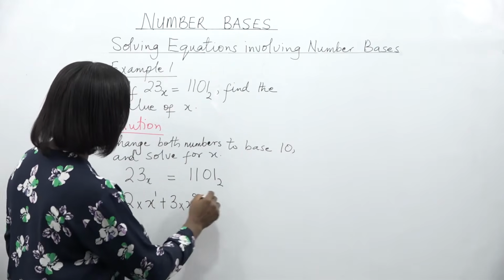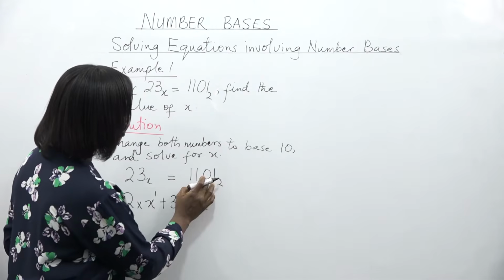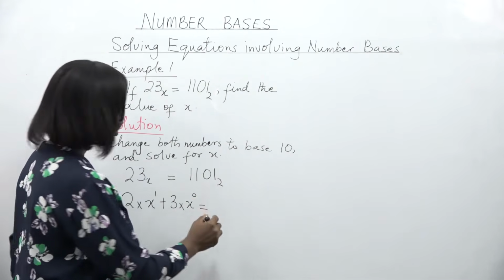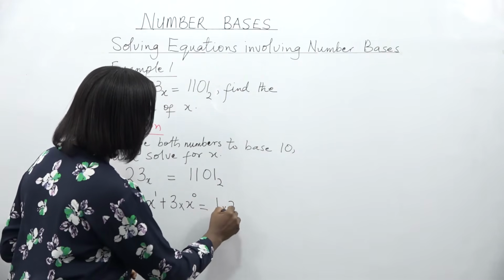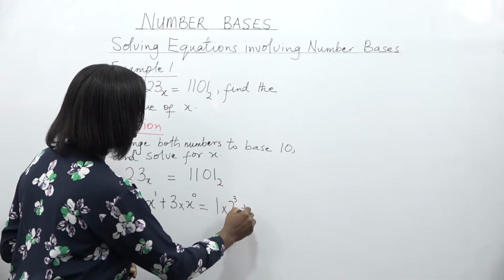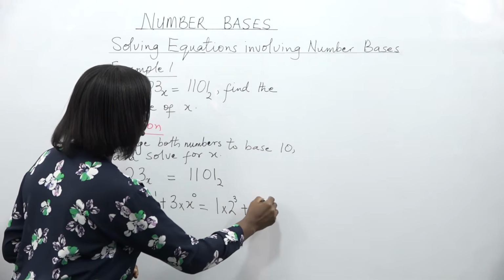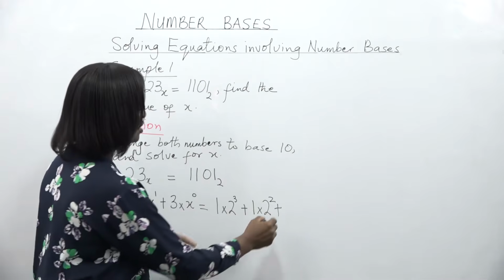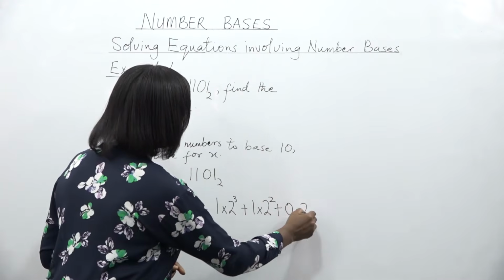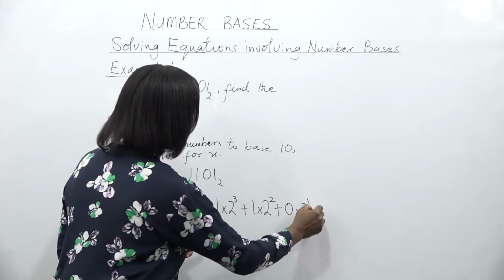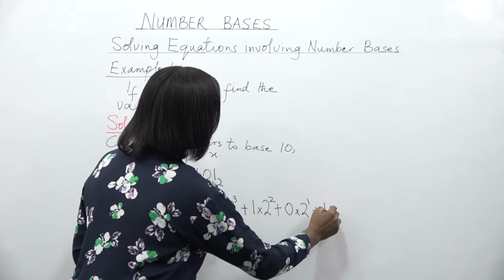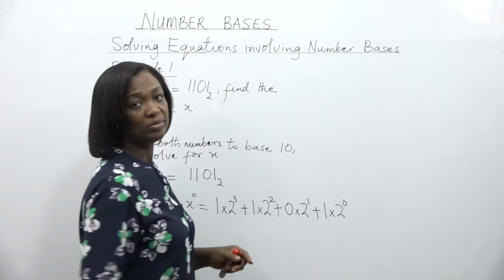Is equal to, counting 0, 1, 2, 3, 1 times 2 to the power 3 plus 1 times 2 to the power 2 plus 0 times 2 to the power 1 plus 1 times 2 to the power 0.